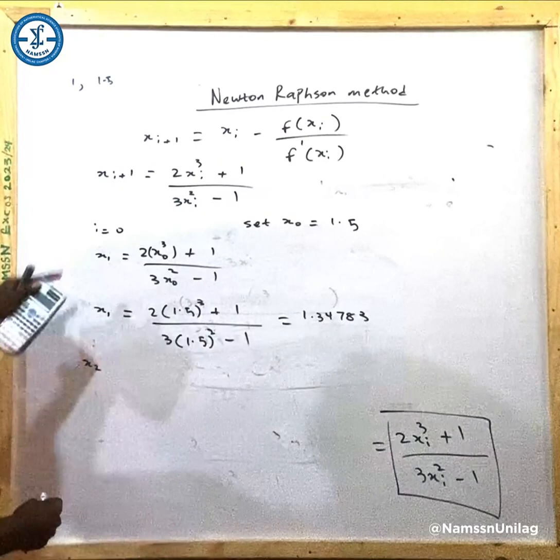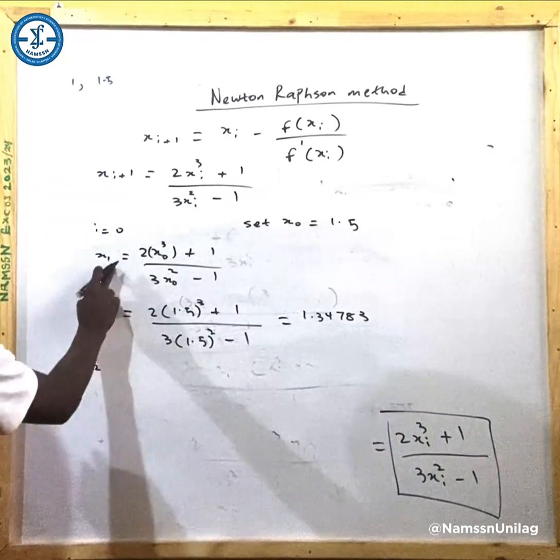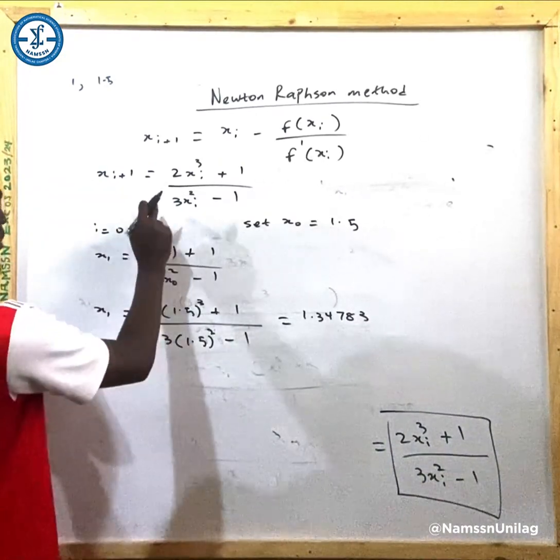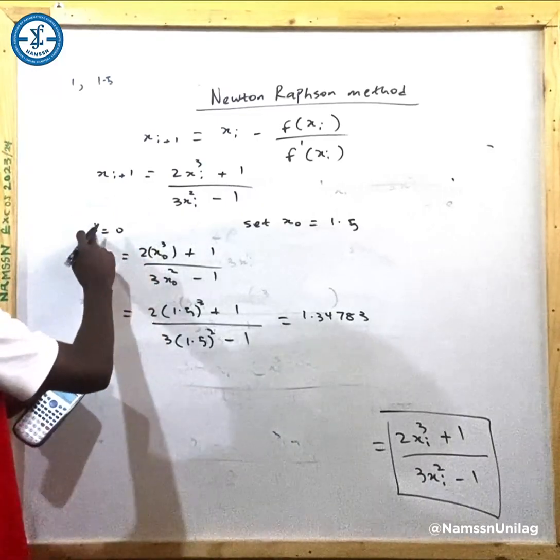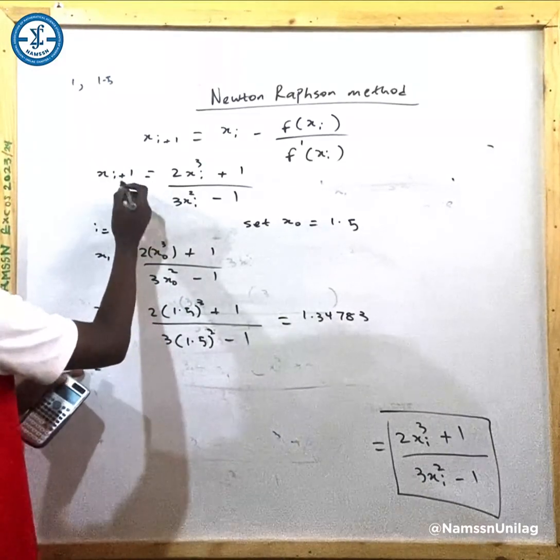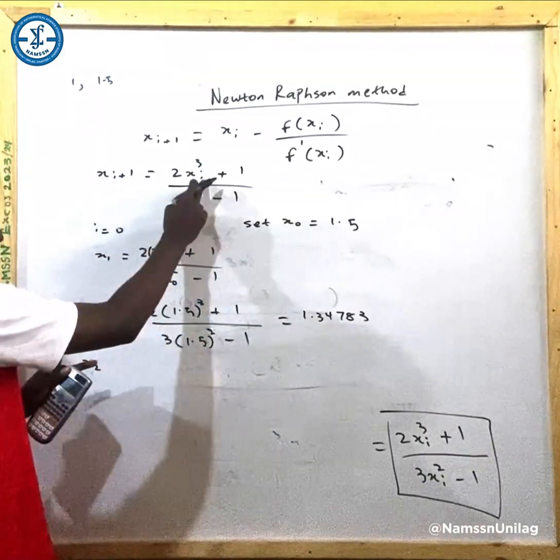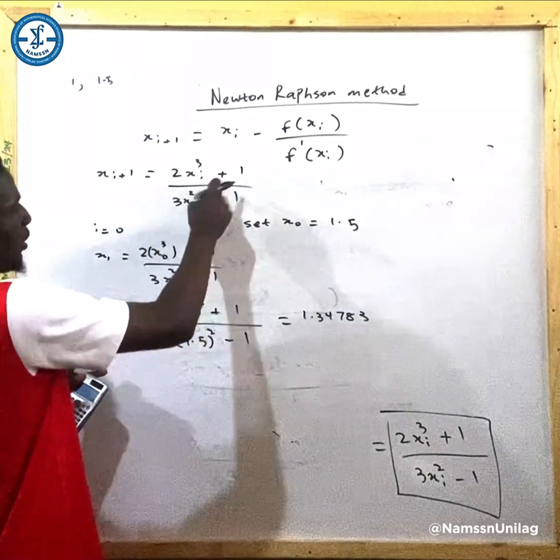If I pick this same scheme and set i to 1, I would have x2, and here becomes x1.